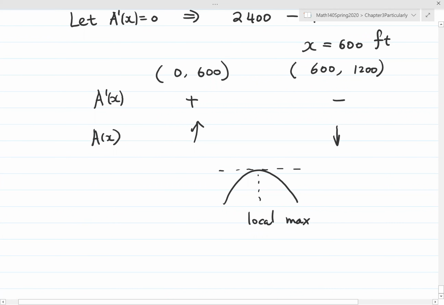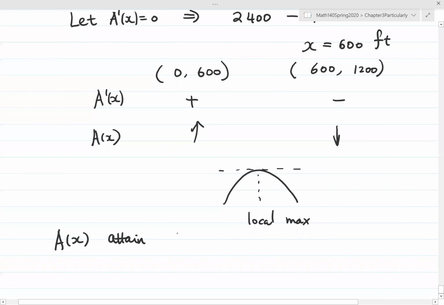The two boundary values should be trivial, though of course you can check them. In general, for a practical problem, if we have only one critical number, that usually gives us the optimization solution.